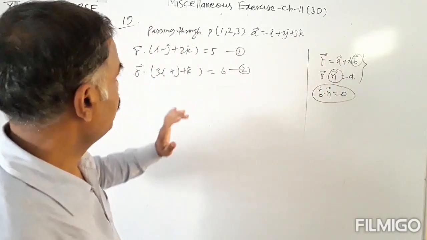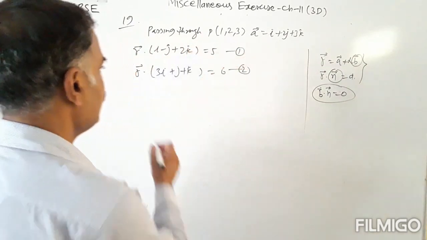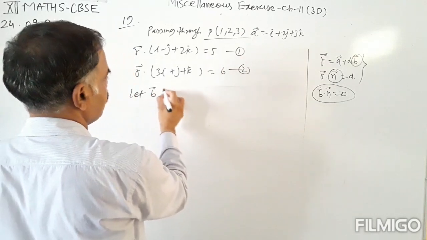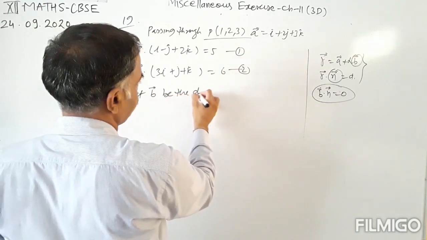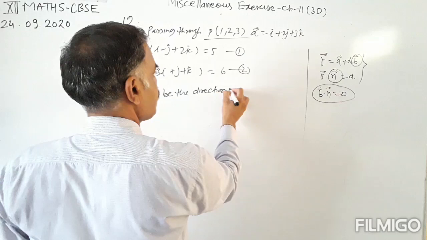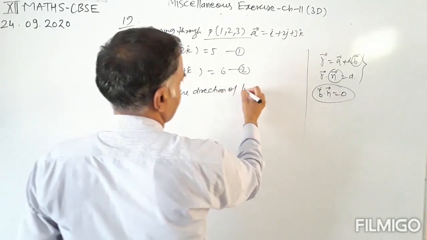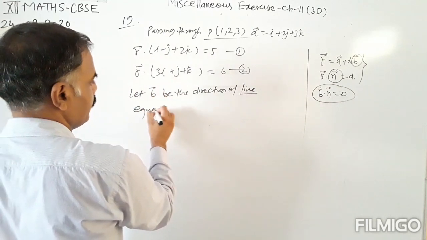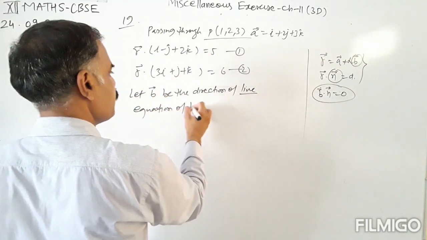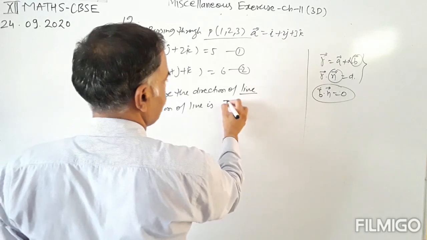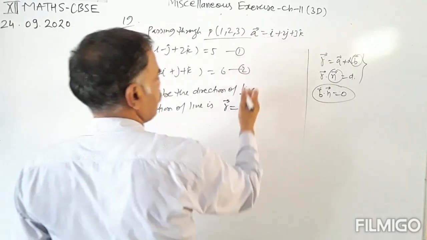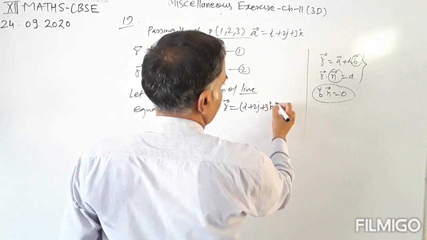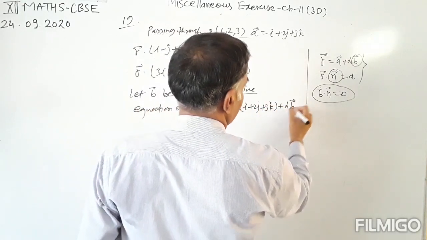So here the point is given. Let b vector be the direction of the line. So the equation of the line is r vector equals a vector, i cap plus 2j cap plus 3k cap, plus lambda b vector.